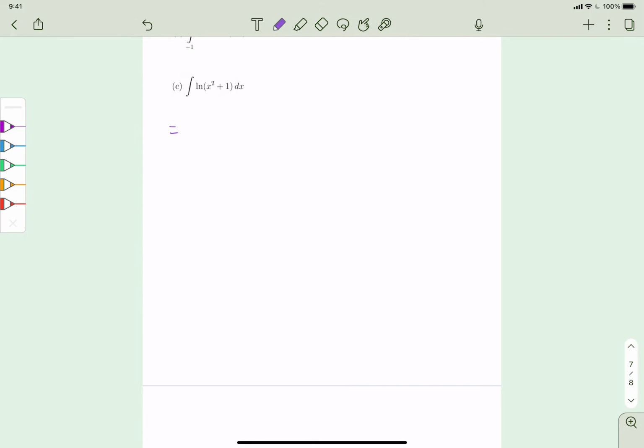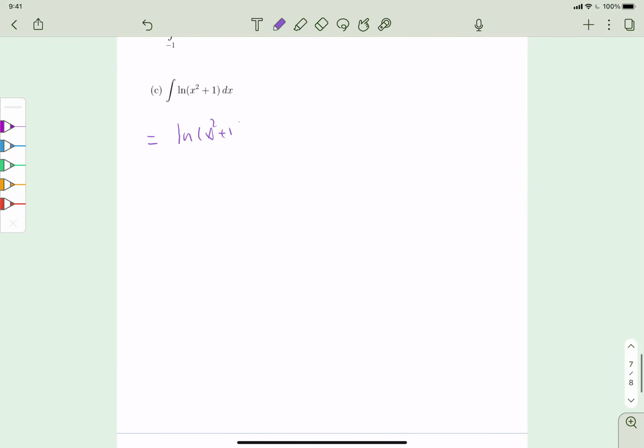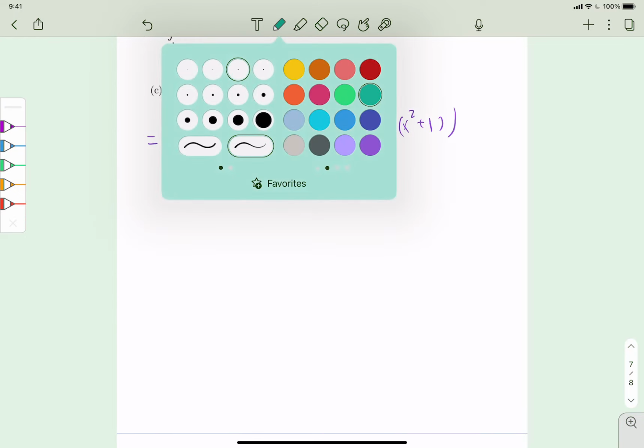Just switch the position. Okay, so write out the product here, minus the new integration by switching position.